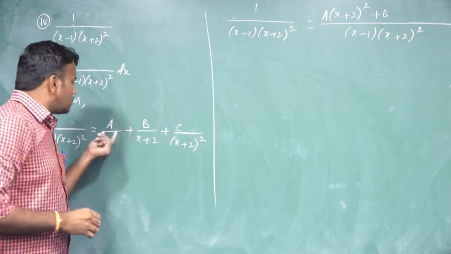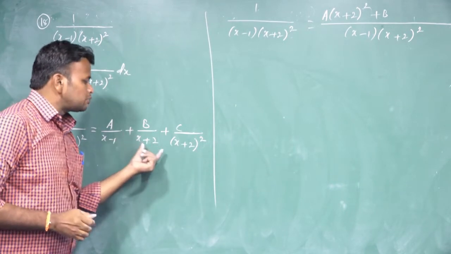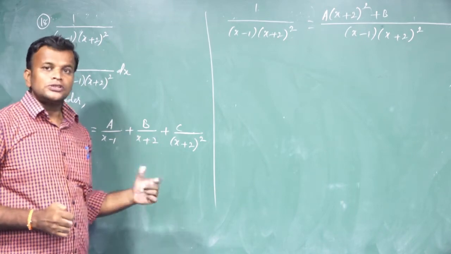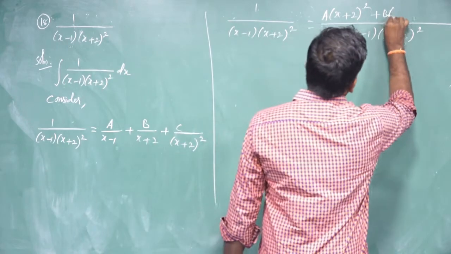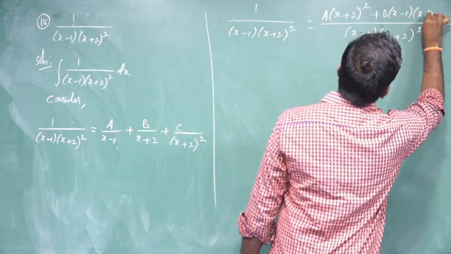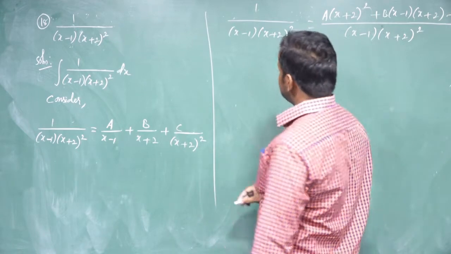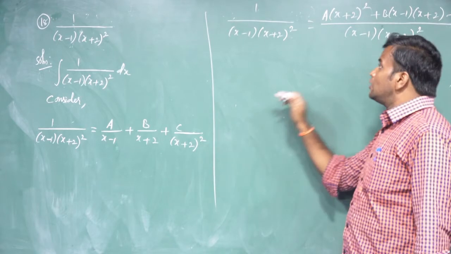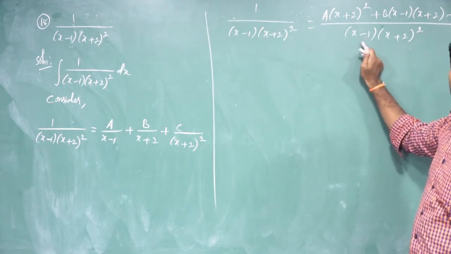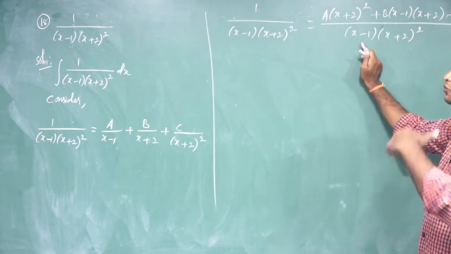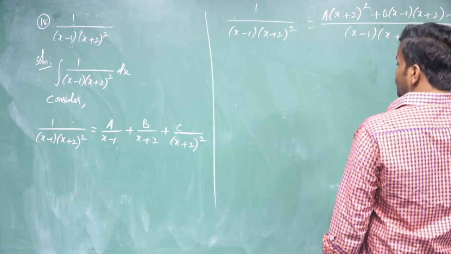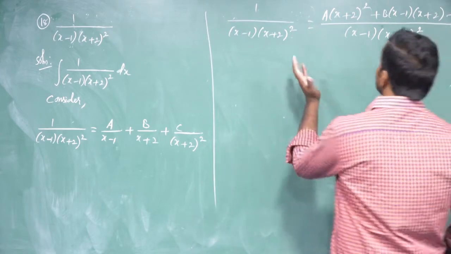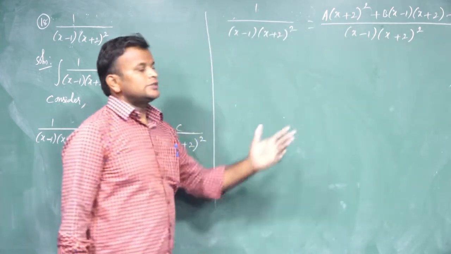So b of x minus 1 into x plus 2 I write, because our LCM missing terms are one x minus 1, one x plus 2. Next, plus c divided by x plus 2 the whole square. But it is the LCM, so the missing term is x minus 1. So we multiply the missing term to the numerator: plus c of x minus 1. So it is the concept of taking LCM.